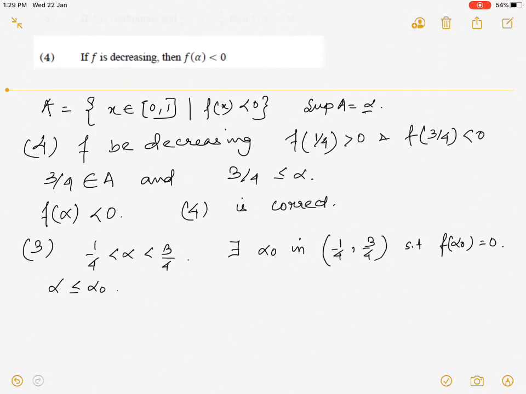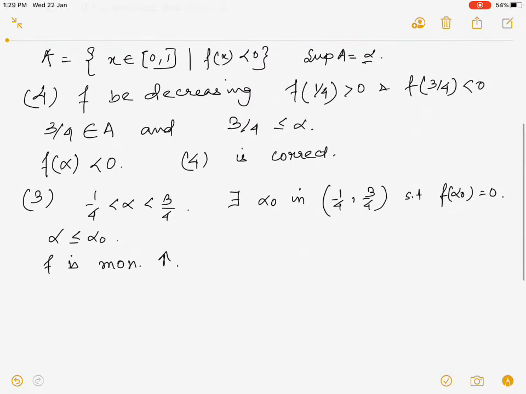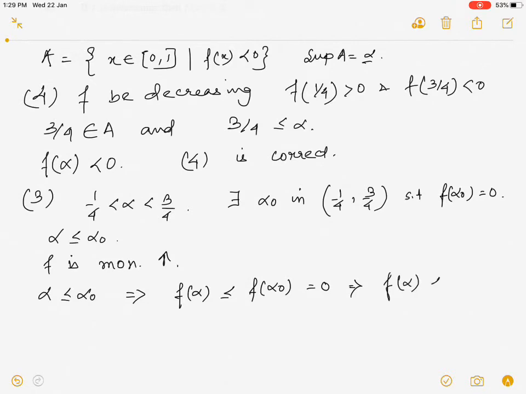We consider two cases: when f is monotonically increasing and when f is monotonically decreasing. Let us first assume that f is monotonically increasing. Since alpha is less than or equal to alpha naught, this implies f(alpha) is less than or equal to f(alpha naught), which is 0, or f(alpha) is less than or equal to 0.